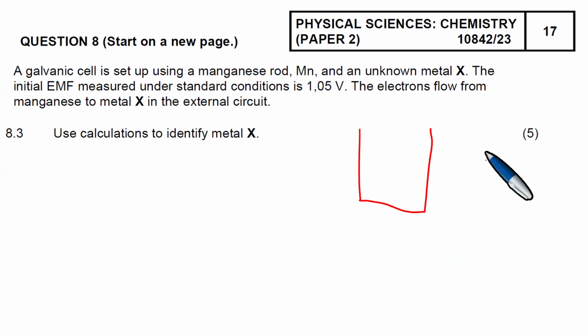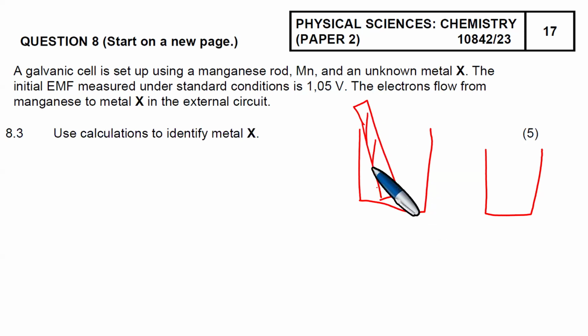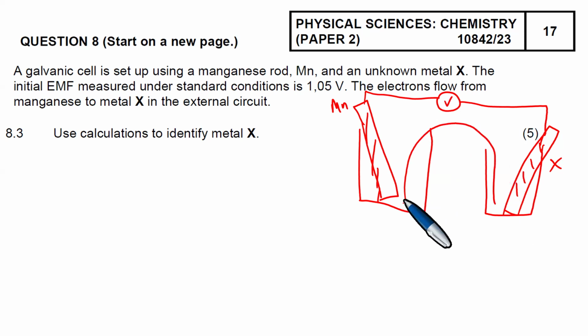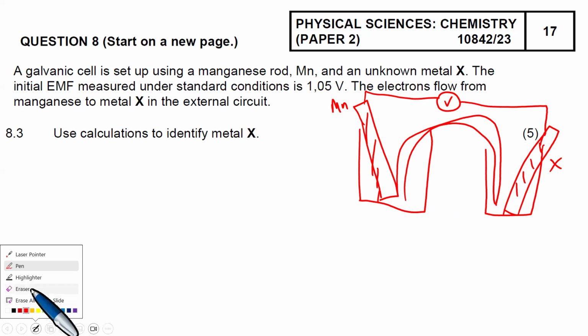In the chemistry lab, you take a beaker like this, you take another beaker like this, and you put your manganese rod here, and then you put your metal X here, and then you put your voltmeter like this. You put them like that.